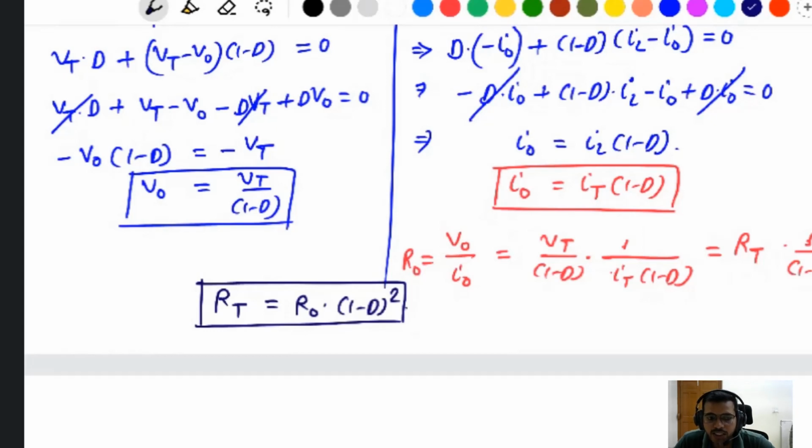The input resistance of the converter works as the load of the PV system. By changing this, you can get the maximum power point, because the two can be matched exactly with the PV system.